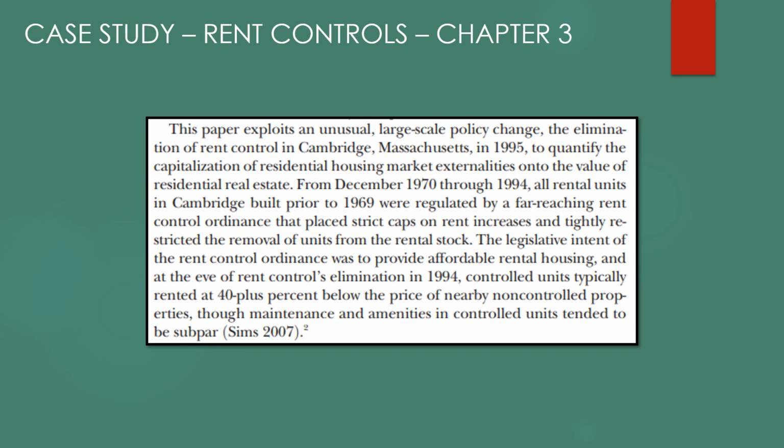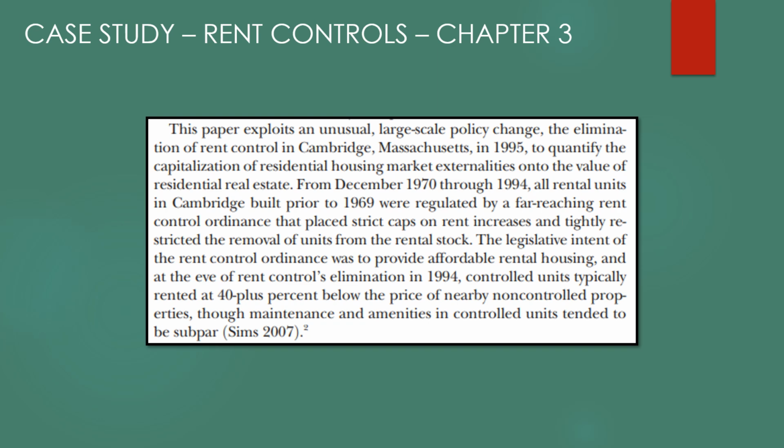So the study of this report was a large-scale policy change that eliminated rent control in Cambridge, Massachusetts in 1995. From December 1970 through 1994, all rental units in Cambridge built prior to 1969 were regulated by a far-reaching rent control ordinance that placed strict caps on rent increases and tightly restricted the removal of units from the rental market.